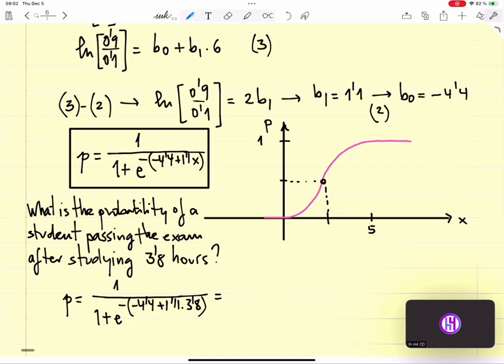Should be somewhere between 0.5 and 1. Can you do it, please?